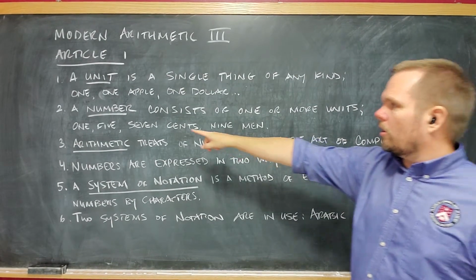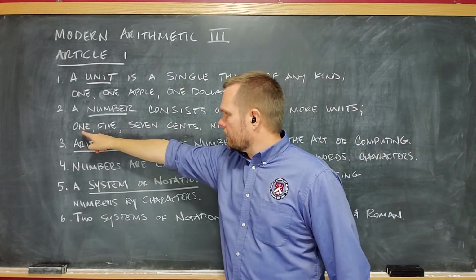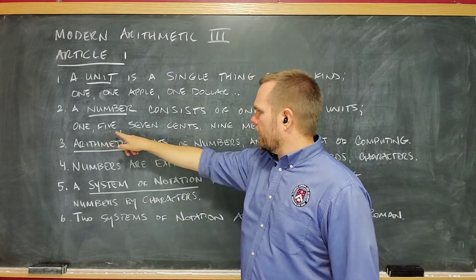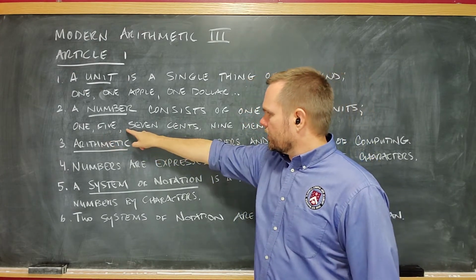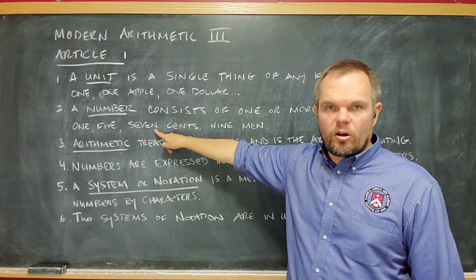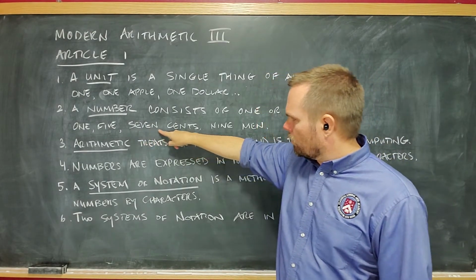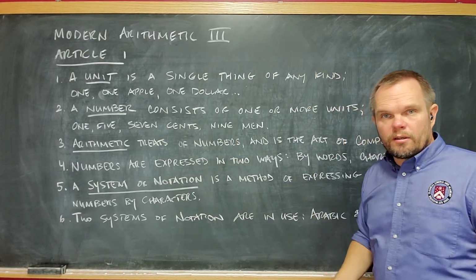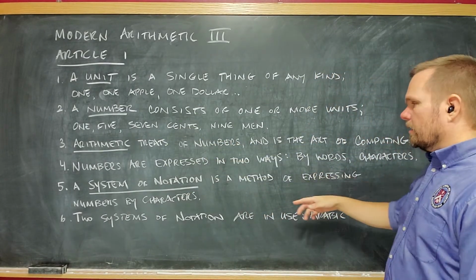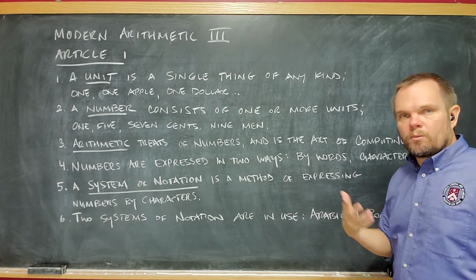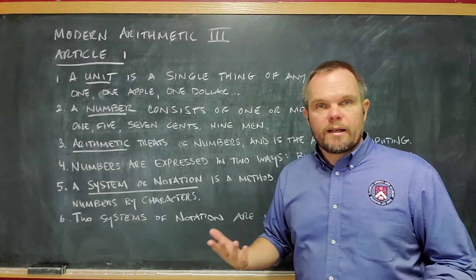We already saw up here that we can talk about numbers with words. We see 1, 5, 7, 9. These are words written with letters. We can talk about numbers with words made of letters. But we're also going to learn that we can express numbers with characters. And we'll learn more about that in the next couple of lessons.